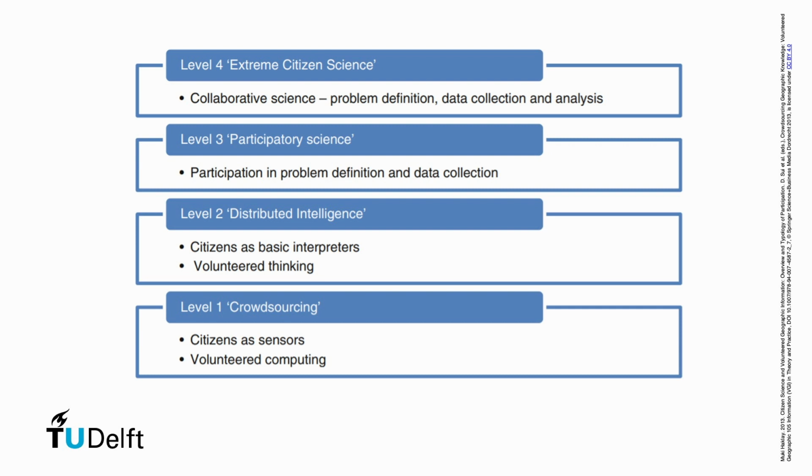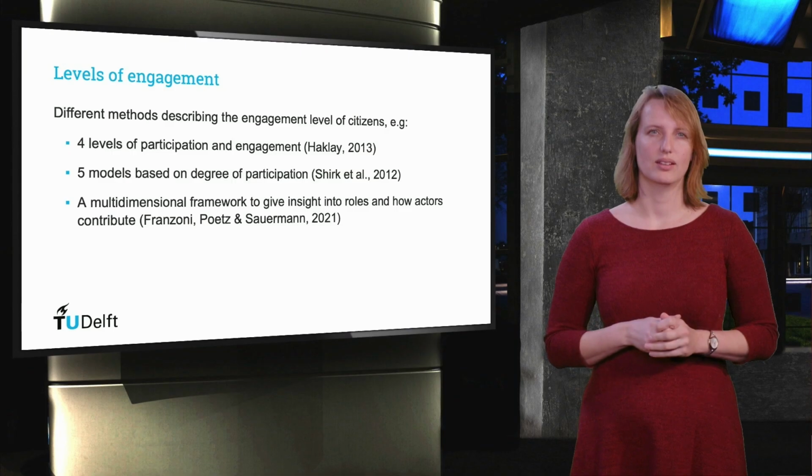The third level, participatory science, engages citizens to the level of participation in the problem definition and the data collection. And the final level, level 4, is called extreme citizen science, where you include them in the complete research from problem definition to data collection and analysis.